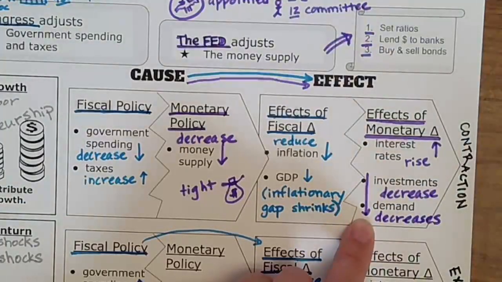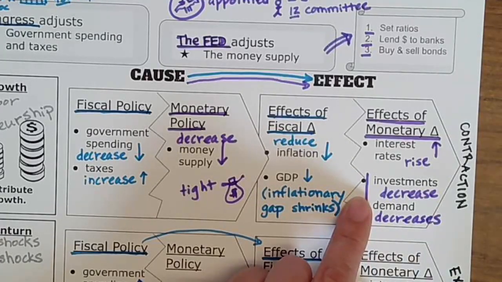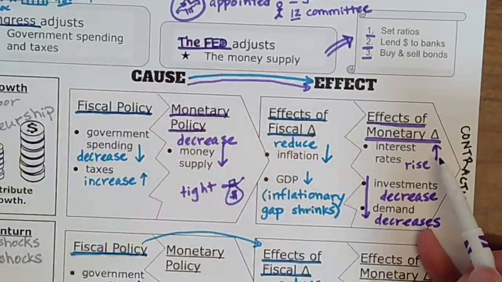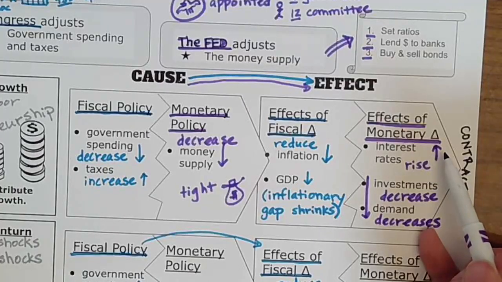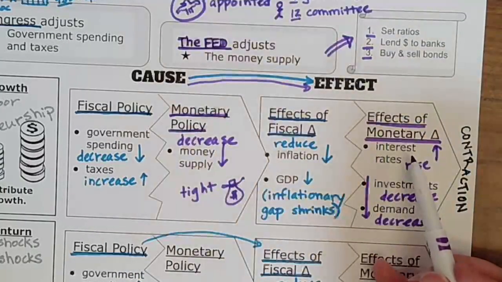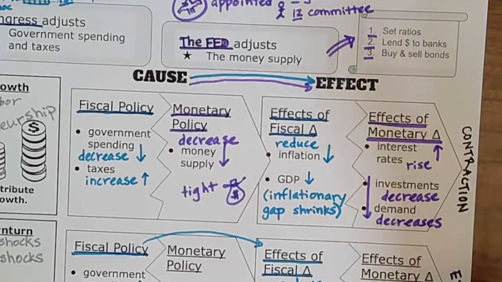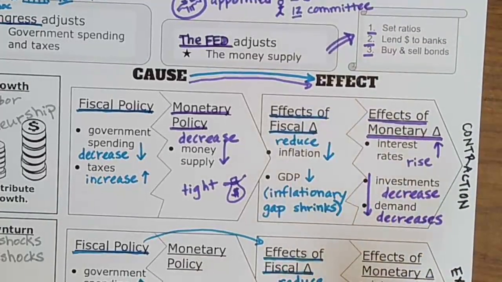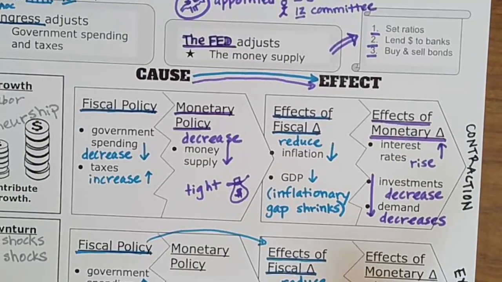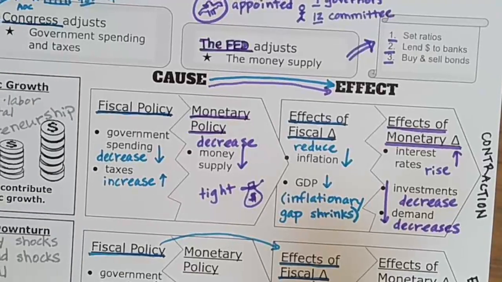There's not as much money to buy things. So demand goes down, investments go down. And the interest rates rise. That kind of correlates with the taxes rising too. It feels not great as a person experiencing this, but sometimes it needs to happen so that we don't go into hyperinflation. Okay?